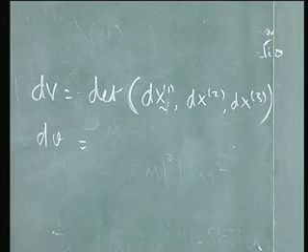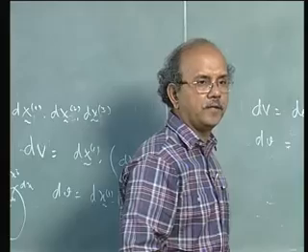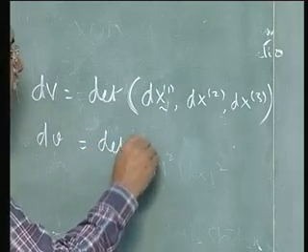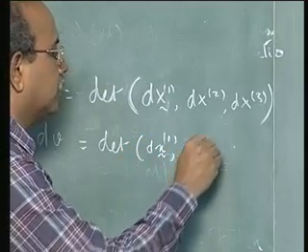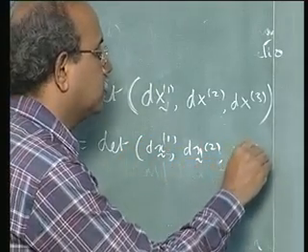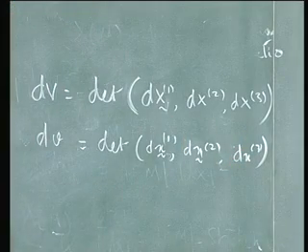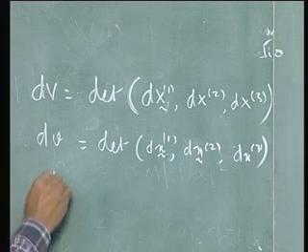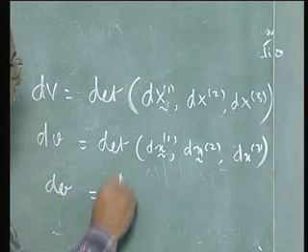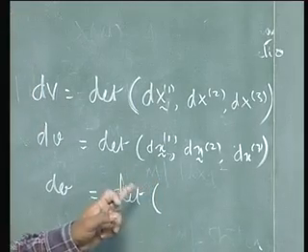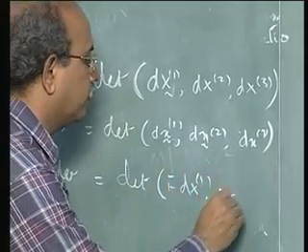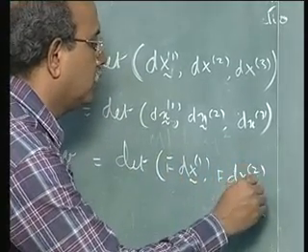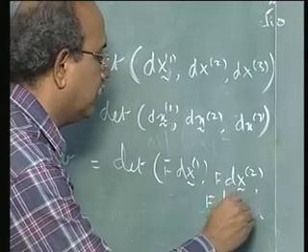So small dv is now defined to be the determinant of dx1, dx2 and dx3. Now substituting in terms of my deformation gradient, this can be written as the determinant of F dX1, F dX2, F dX3.